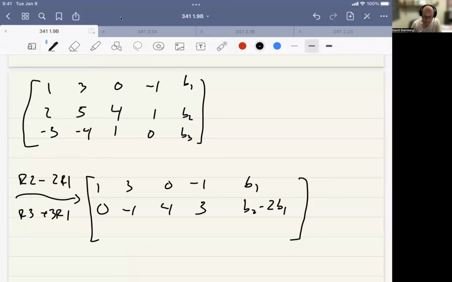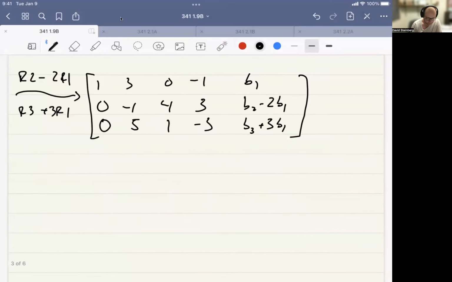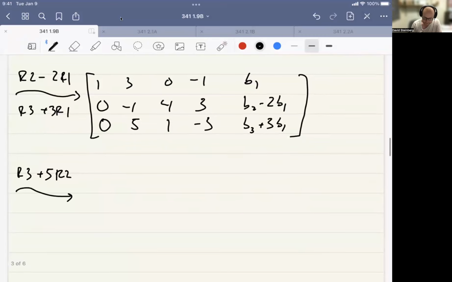Adding 3 times the first row to the third row, we get 0, 5, 1, -3, and then B3 plus 3 B1. Let's do one more: row 3 plus 5 row 2. I think that'll be enough. So our first row is unchanged.